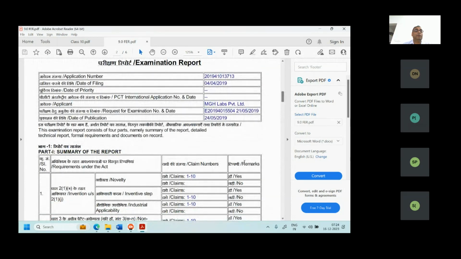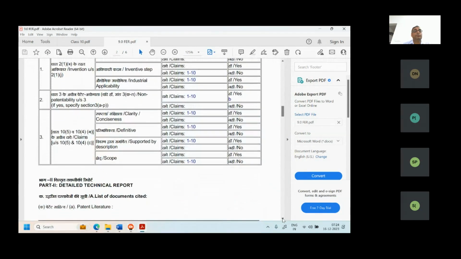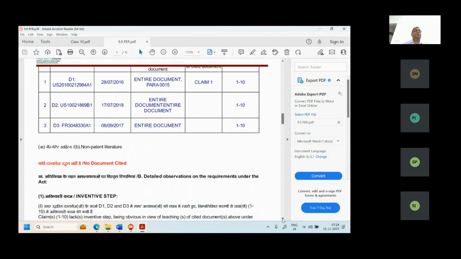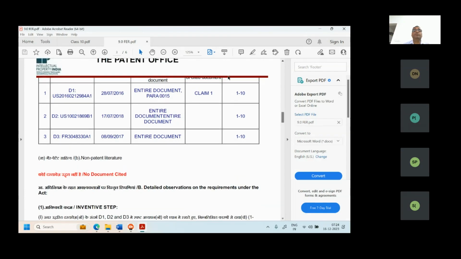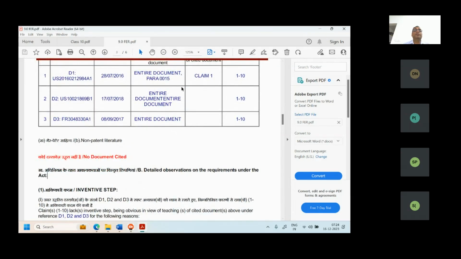They have cited the patent literature. This is the prior art which they have found. Okay. And which claim is our cited document relevant to, claim 1, for what they have said there. Okay, here they have said entire document is there, and they have again talked about entire document.